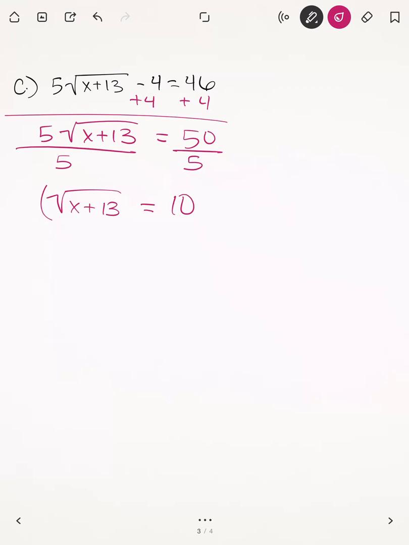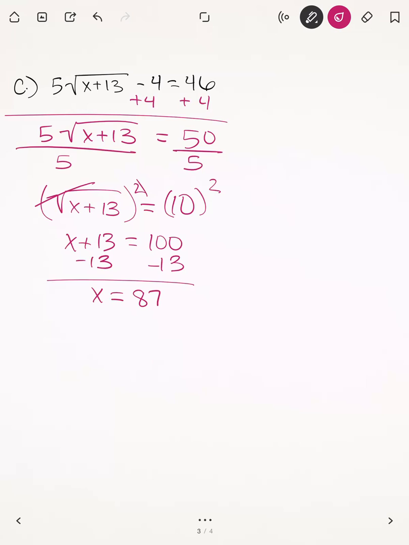My index number is 2, so I'm going to square it to undo it. Again, the exponent cancels out the radical. I'm left with x plus 13 equals 100. 10 squared is 100. I solve for x by subtracting 13 from both sides. I get x equals 87. Again, yes, you have to check your work. You never know when that extraneous solution is going to pop up. So this is me checking my work.